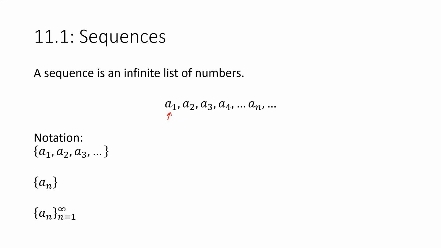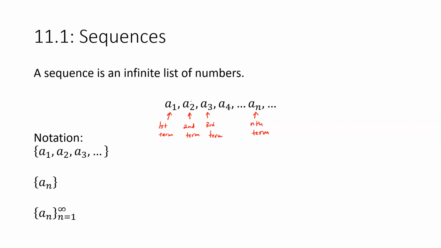So for instance, A1, we would call that the first term. A2, we would call that the second term. And so on. A3 would be the third term. Of course, An would be the nth term. So this will be a standard way to denote the terms of a sequence.